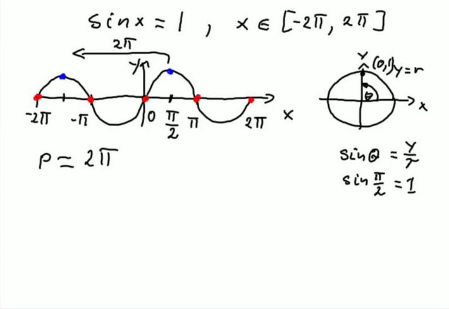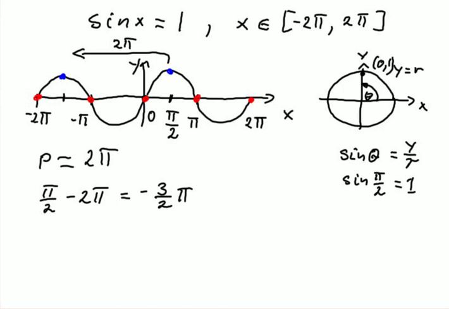So if this is pi over 2 and you subtract 2 pi, what would you get? Pi over 2 minus 2 pi will give me negative 3 over 2 pi.